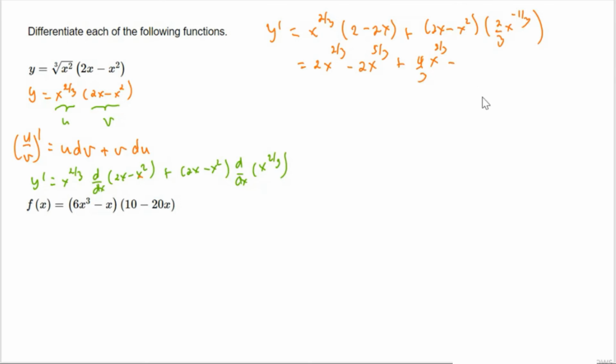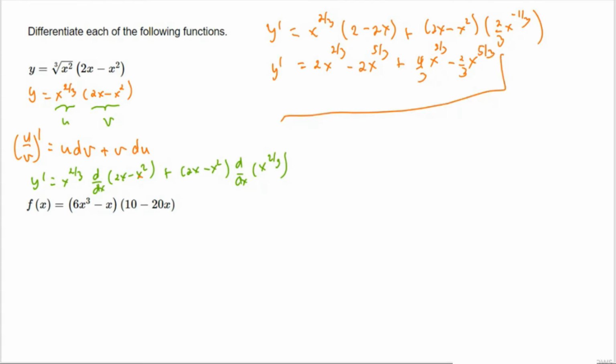Minus the second term, we have x squared times 2/3 of x to the power of negative 1/3. Since the coefficient here is 1, negative 1 times 2/3 is just negative 2/3, and x to the power of, you add the exponents, 2 plus negative 1/3, or simply subtract 2 minus 1/3. So the answer is 5 over 3.